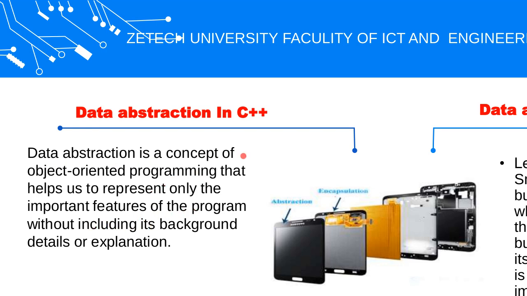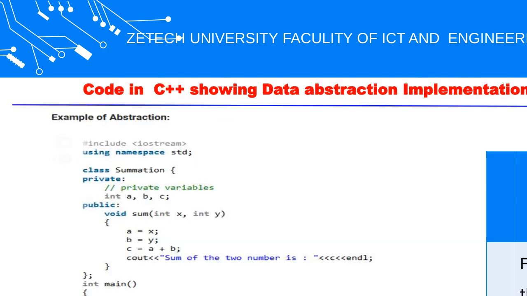Data abstraction is a concept of object-oriented programming that helps us to represent only the important features of the program without including the background details and explanation. I believe with that explanation, you have seen data abstraction. Sometimes they go hand in hand together.